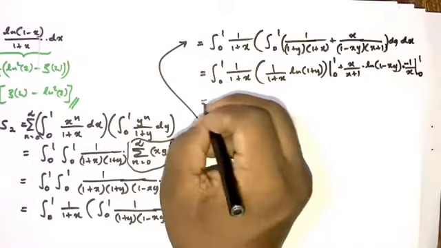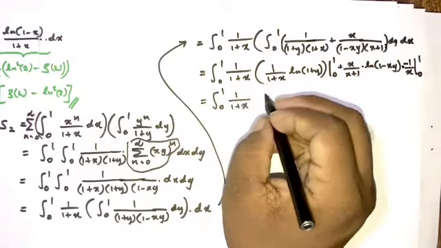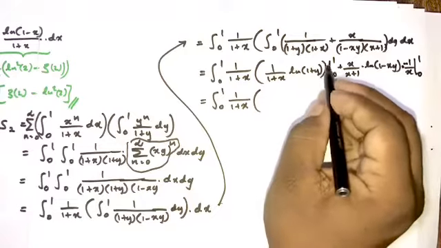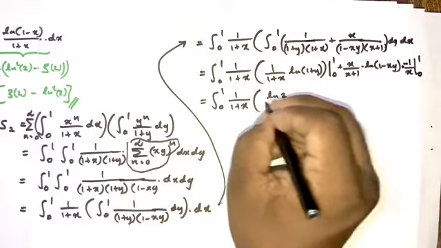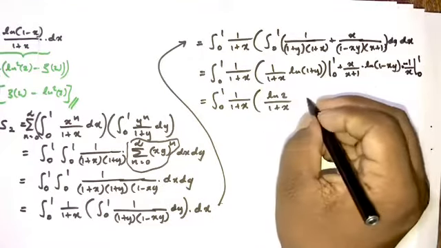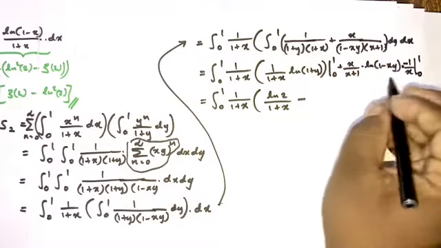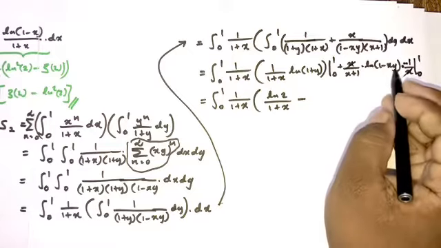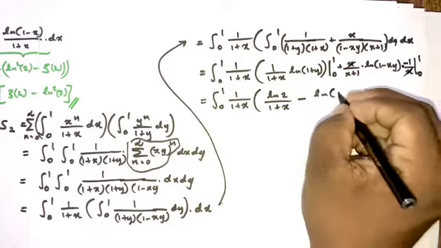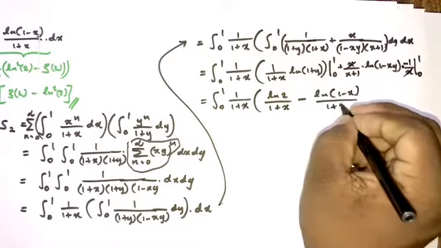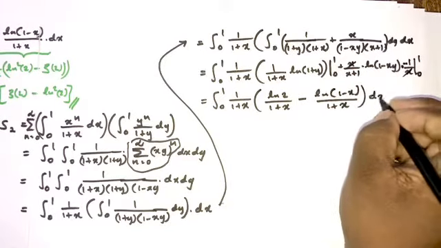Okay, then the integral from 0 to 1 of 1 over 1 plus x, and if we apply the limits, we get natural log of 2 (if we plug in 0 we get 0), so natural log of 2 over 1 plus x. Then with the minus sign, this x gets cancelled, and if we plug in 1 we have natural log of 1 minus x over 1 plus x dx.